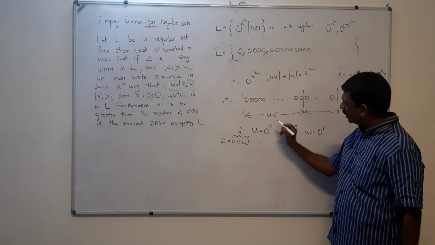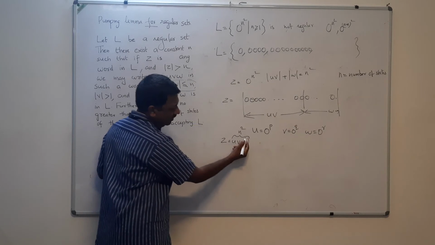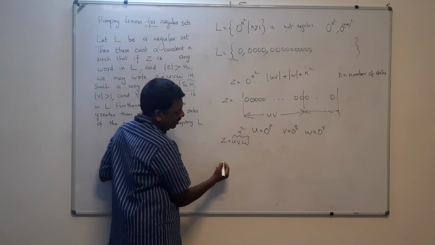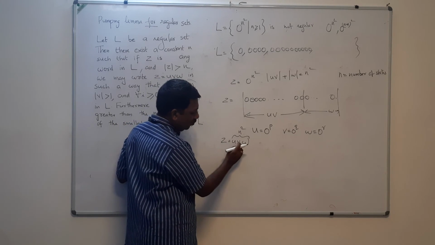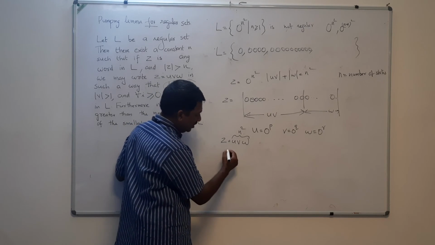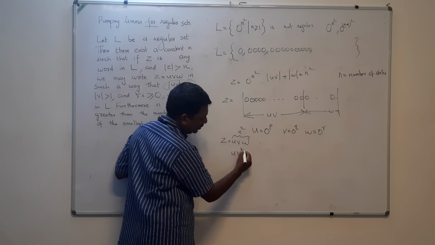Suppose that the pumping location is this v. Now this v is having what? This v is having length n square. Now next string, that means this is u v raised to 1 w. Next string it should accept is, next is after this, u v square w.